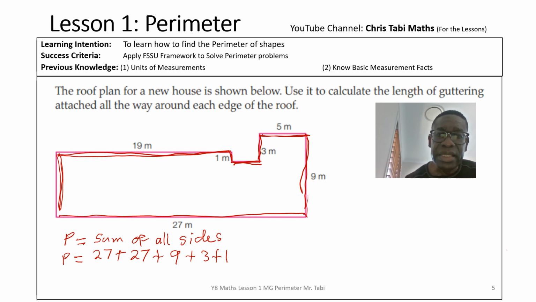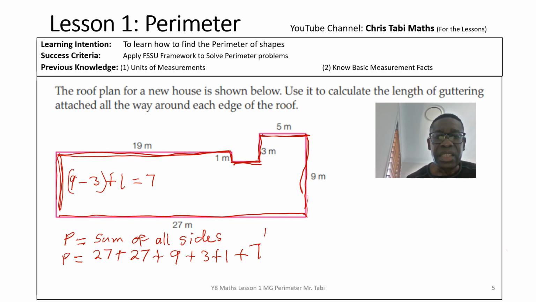And then it dips 3 here, and then it goes up there 1. So this side is going to be 9 minus 3 plus 1, and that is equal to 7. So we have to add 7.